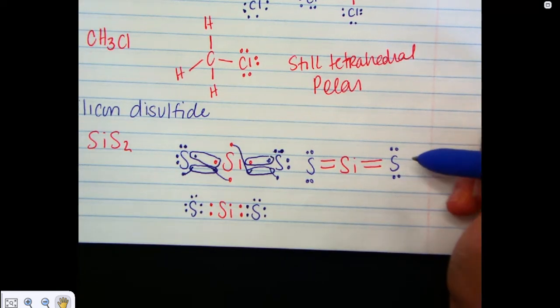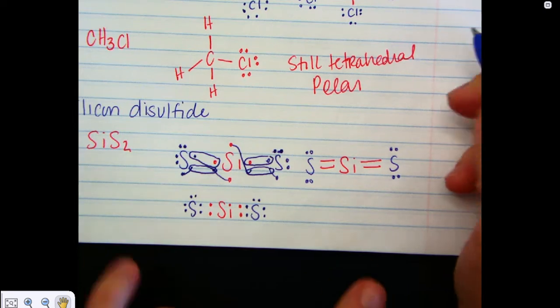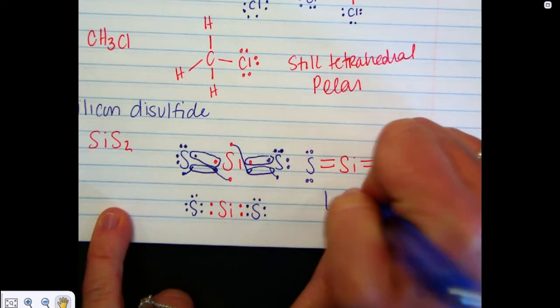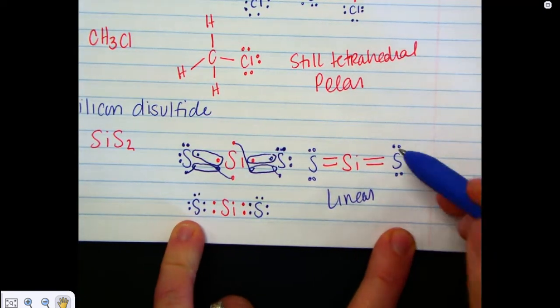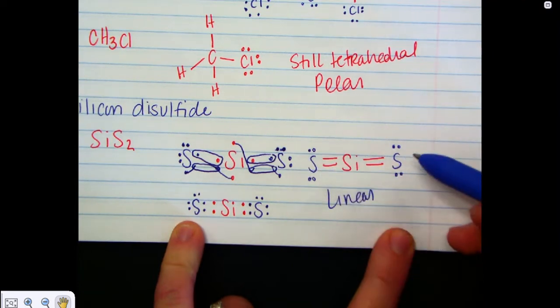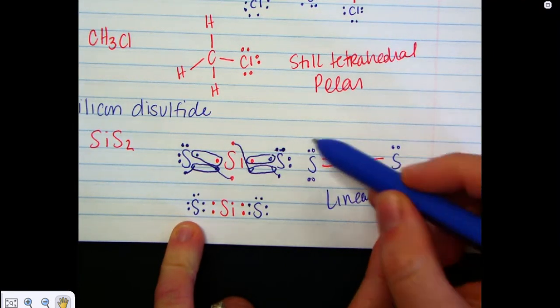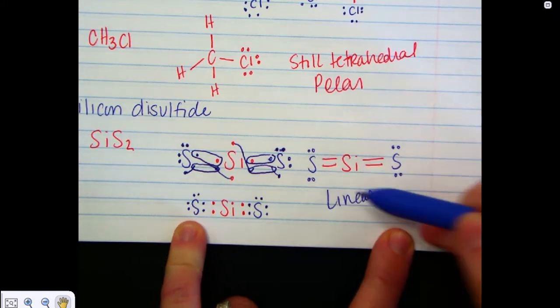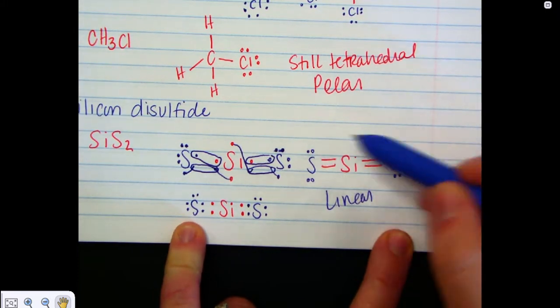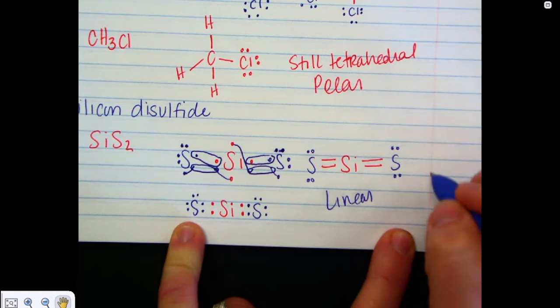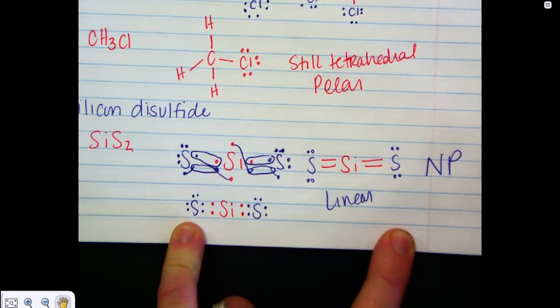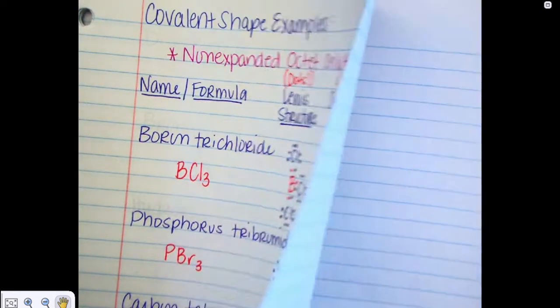As long as they're on there, I'm going to be pretty happy. This is a linear shape. And then think about your polarity. The sulfur pulling, the sulfur pulling. Even though there's unshared electrons here, they're exactly balanced out. This is like two identical twins fighting over the electrons. So this is going to be nonpolar. Okay. All right, so we got a couple more examples we're going to hit.